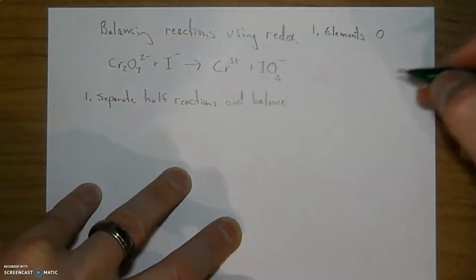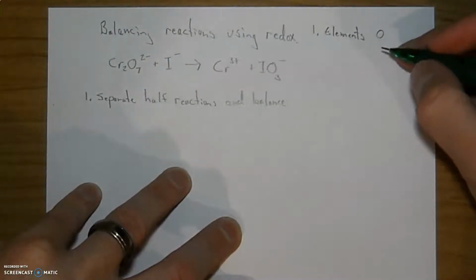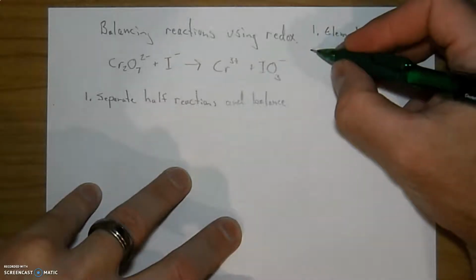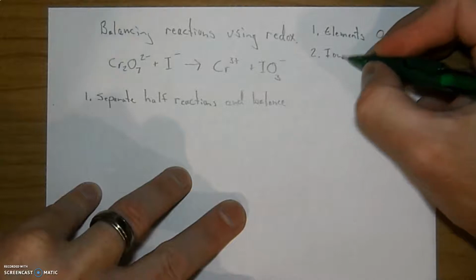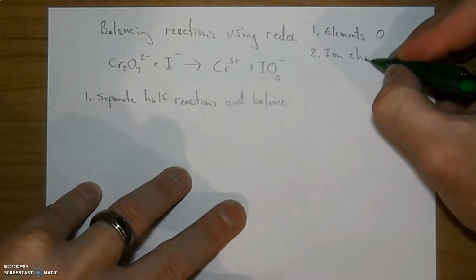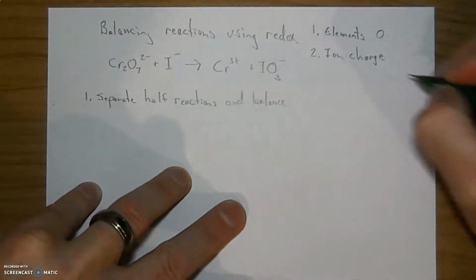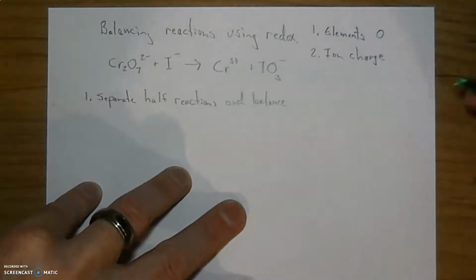So hydrogen gas, chlorine gas, oxygen gas, all these various things, they're all zero. Now, if it's an ion, its charge is the oxidation number. So whatever plus or minus it has, that is its charge. So ions have a charge. That's it. Done.